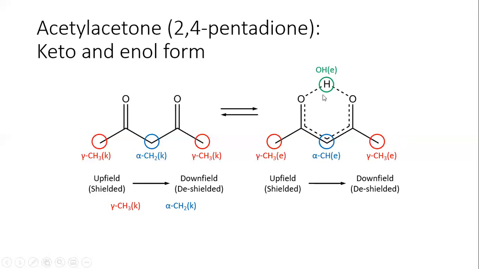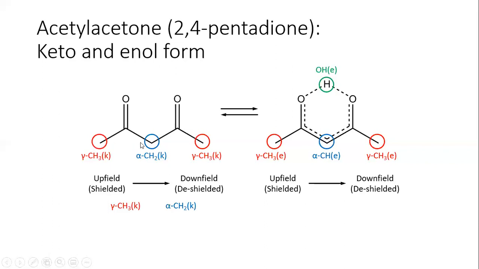But what about the OH here? So remember, the carbonyl group is electron withdrawing because you have an oxygen here. So oxygen is very electronegative, and the oxygen atom is what is doing the pulling of electrons.